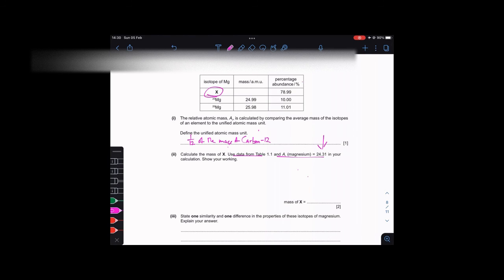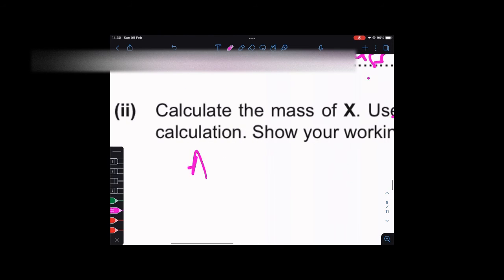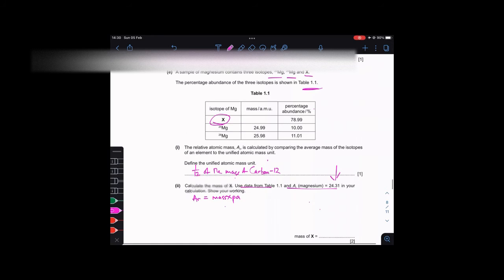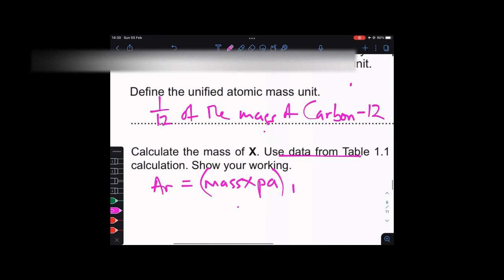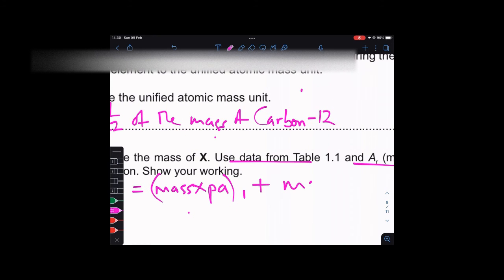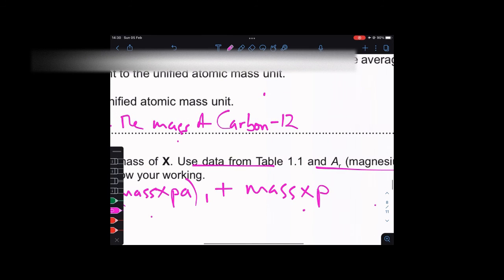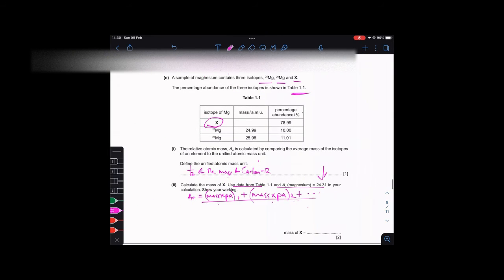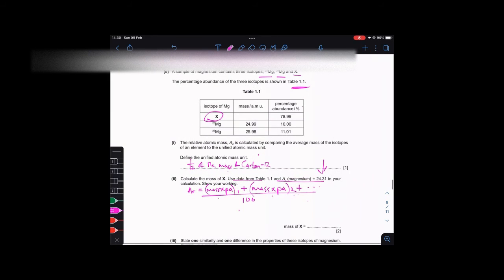In your calculation, show working. So I want you to take down this formula: Ar equals mass times percentage abundance of isotope 1, plus mass times percentage abundance of isotope 2, going downwards, and then over 100.